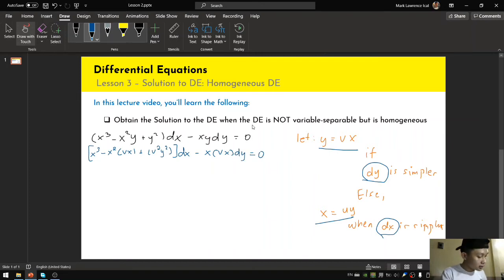So what's the next step? Okay, separate now. Okay, so we're going to distribute dx inside.